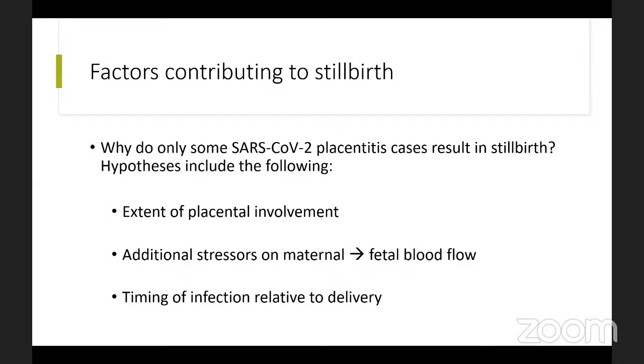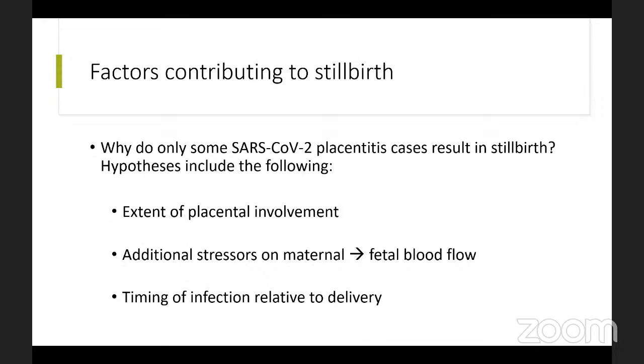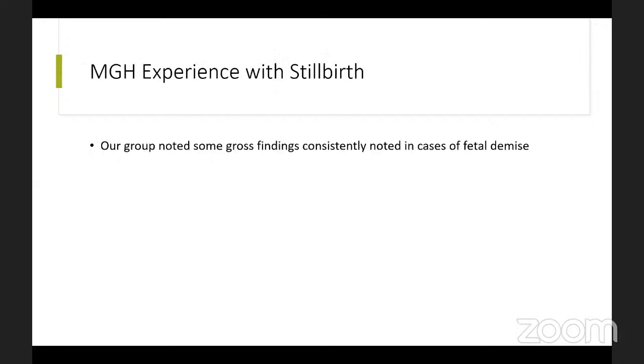And we have some evidence that this might be the case. And then there has been some suggestion that timing of infection relative to delivery may be needed, though a lot of these studies need quite a bit more data to be fully fleshed out and really explain how timing might be relevant.